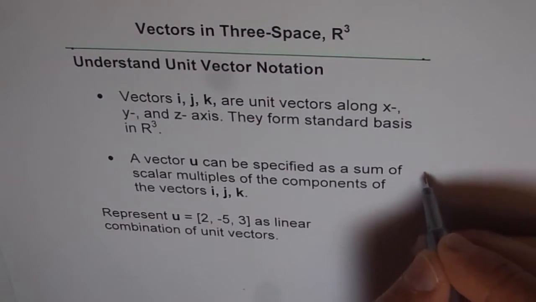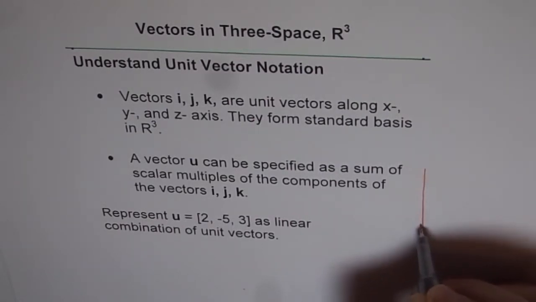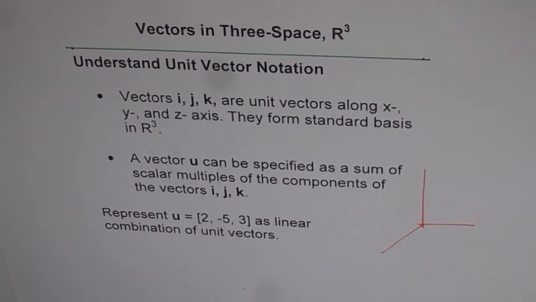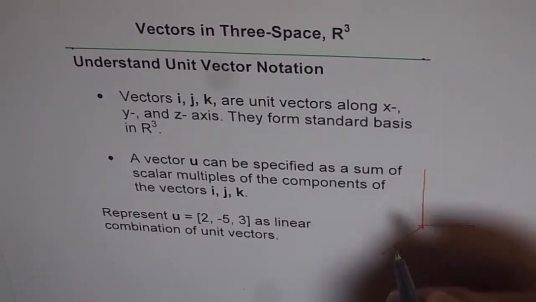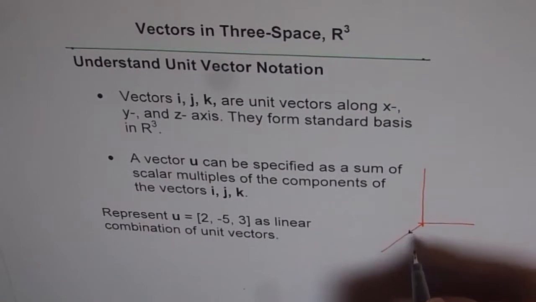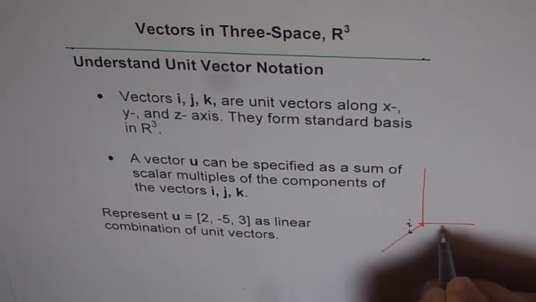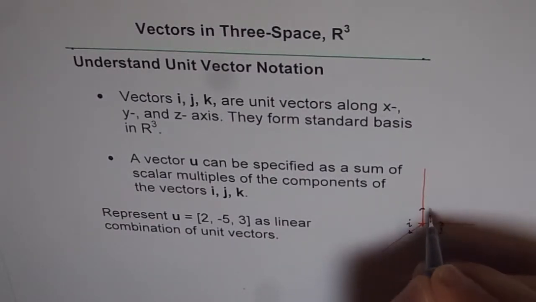So let me just sketch here our coordinate system in 3-space, which will be like this. Now we are saying that i is a unit vector along the x-axis, j is a unit vector along the y-axis, and k is a unit vector along the z-axis.